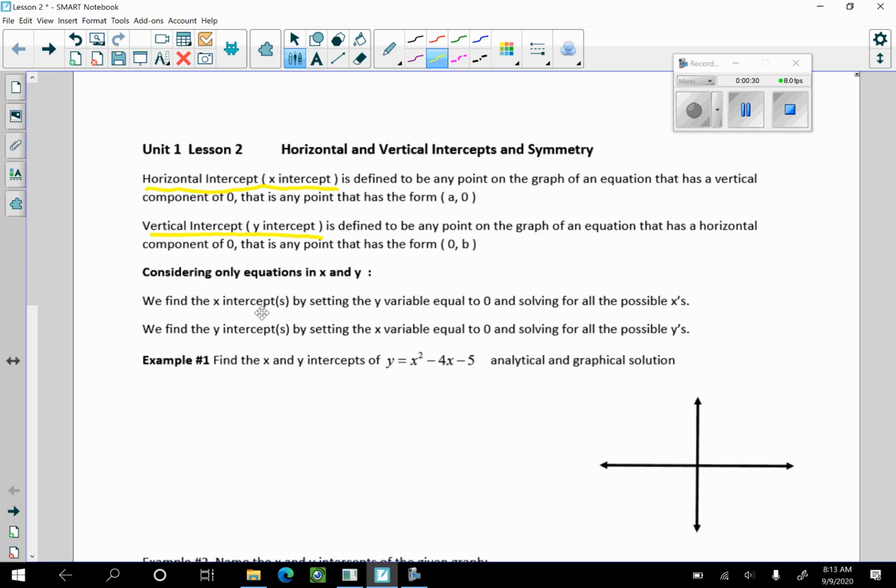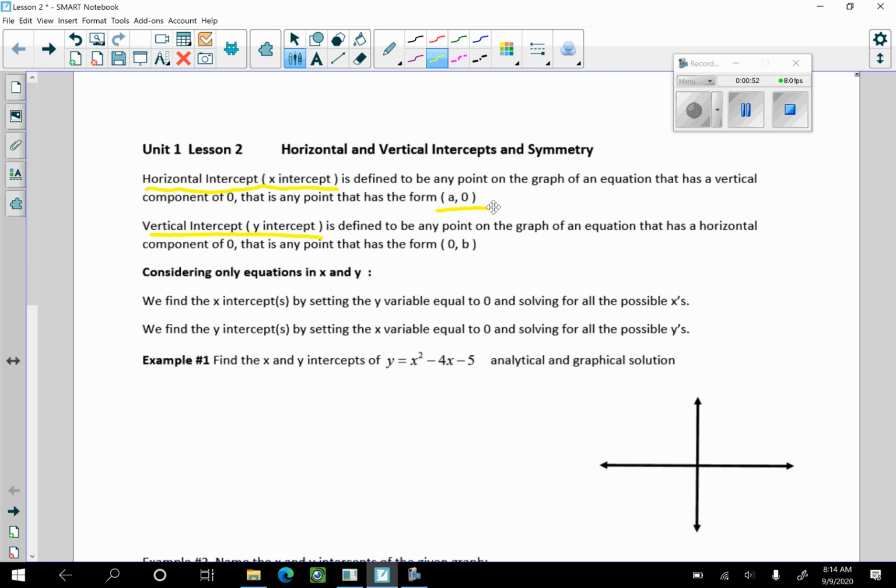A horizontal intercept is defined to be any point on the graph of an equation that has a vertical component of 0, i.e. the y-coordinate is 0. So any point that has this form right here, a comma 0, is defined to be a horizontal intercept.